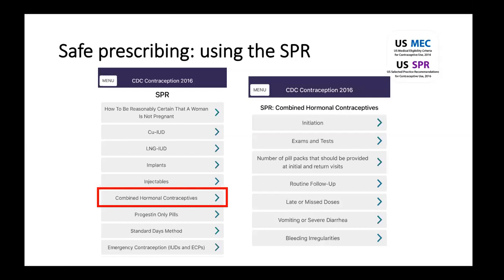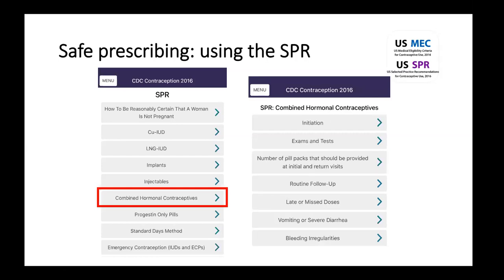And to the point about migraine with aura in particular, the absolute risk remains very low for young women with migraine with aura to have a stroke using an estrogen containing method.